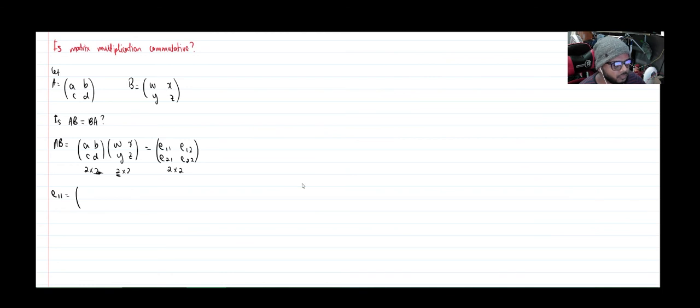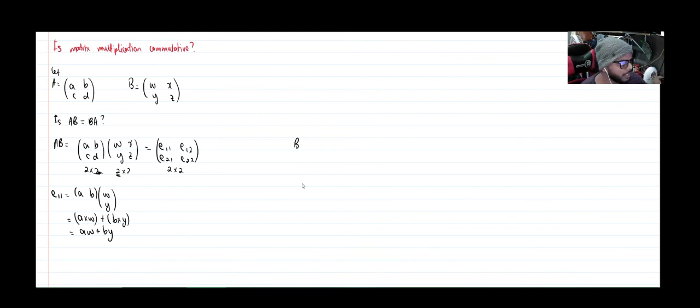E11 is the first row, which is A B, multiplied by the first column, W Y. First by first, A by W, plus second by second, B by Y. This is AW plus BY. This will give me some number for the numbers A, B, W, and Y.